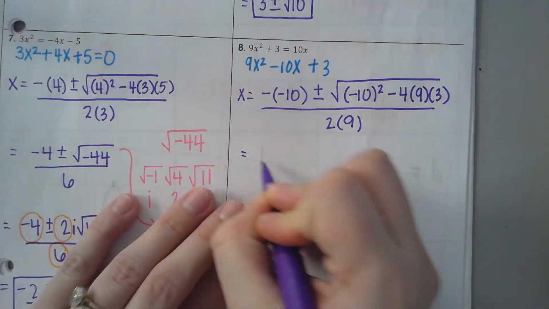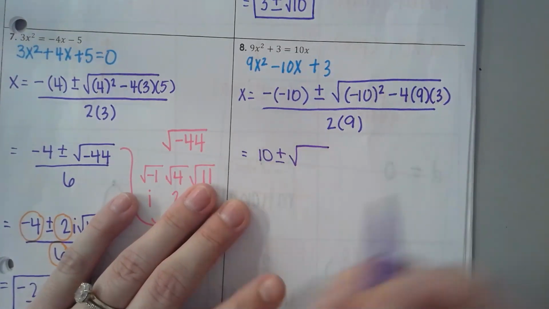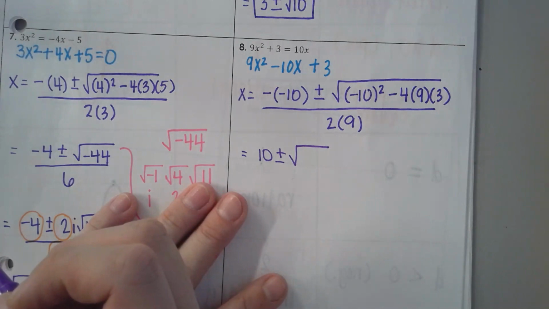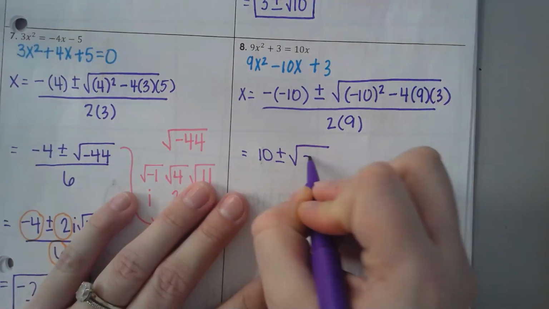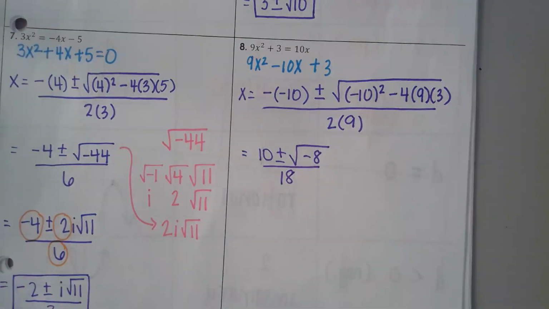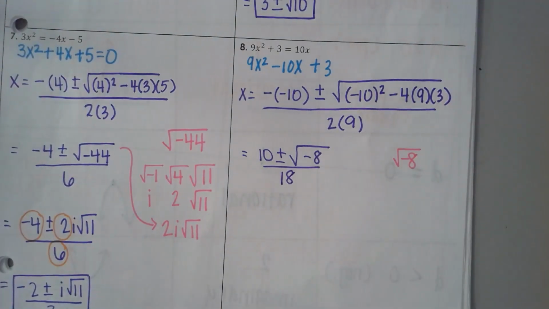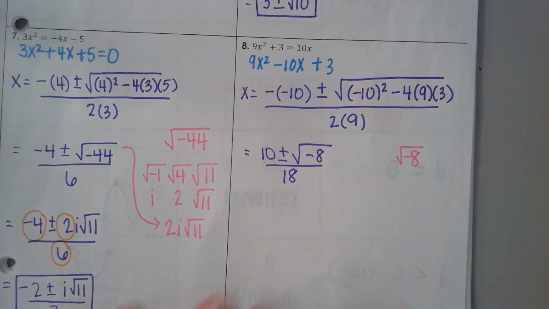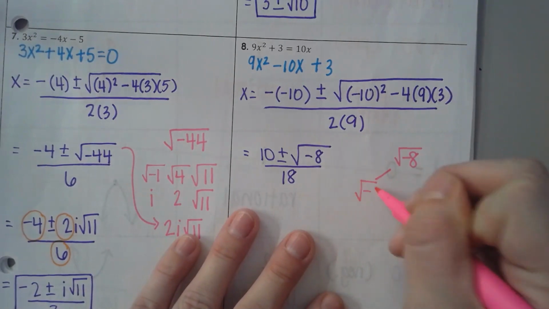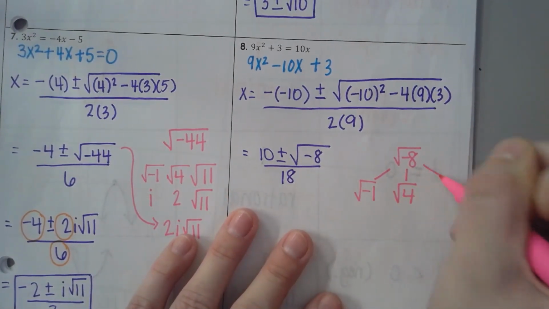So this becomes a positive 10 plus or minus the square root of negative 8 over 18. So I need to go to the side and see what the square root of negative 8 is. So we take out the negative, and then you should have 4 and 2.